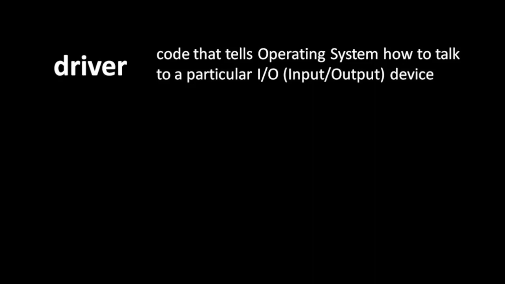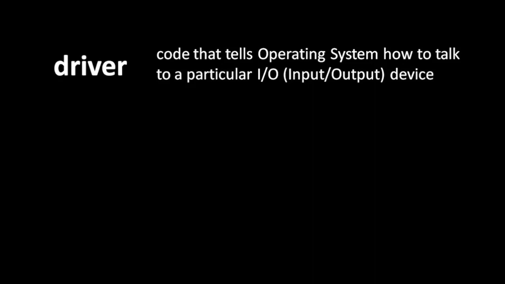One problem, however, is that there's an enormous variety of different hardware devices out there. And to control these devices, the operating system has to speak to each device in its own particular way. So for example, the way an operating system needs to talk to one make of video card is not the same as it needs to talk to some other make of video card.